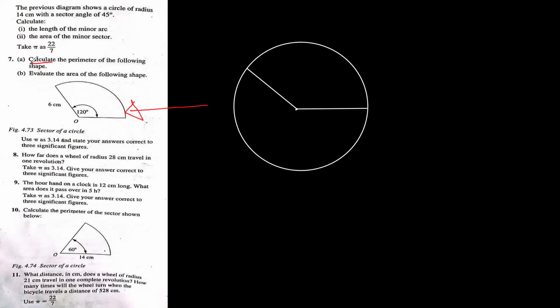So we're going to calculate the perimeter. The question is, what is the radius? They tell us to use pi as 3.14. Watch the diagram carefully. Take your time.